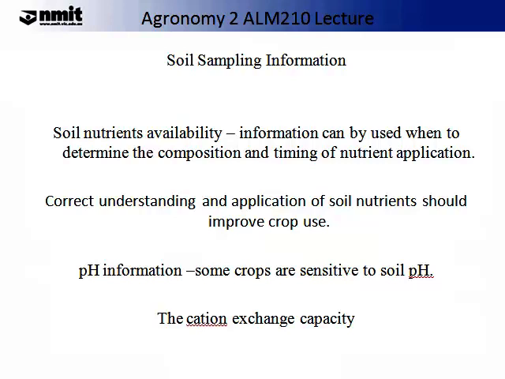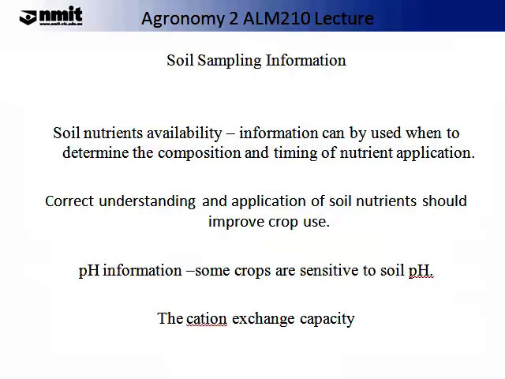In conclusion, proper sampling is a foundation for a proper nutrient plan. Soil nutrient availability can be determined, and this information can be used to compile a plan for your nutrient application, both timing and concentrations.